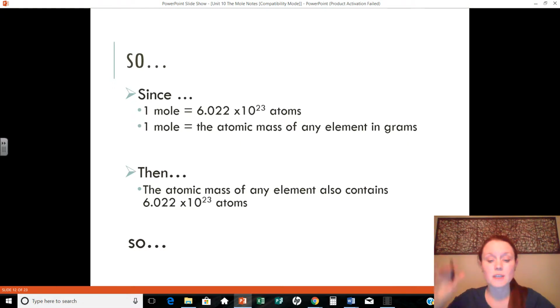Mass has a unit of grams. Moles is the number of atoms in a particular sample of an element or a compound.